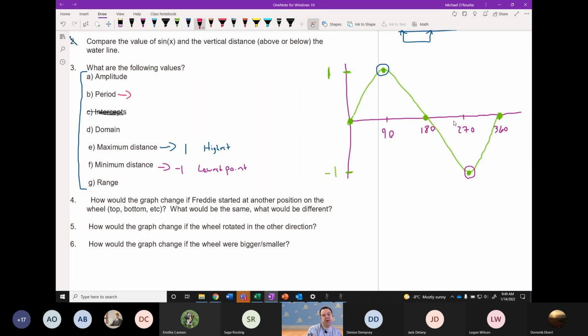What's the period of this graph? So the period is how long for one rotation. Okay, and this is an x value. Who can tell me what the period is? How long does it take to go through one full rotation of this graph?